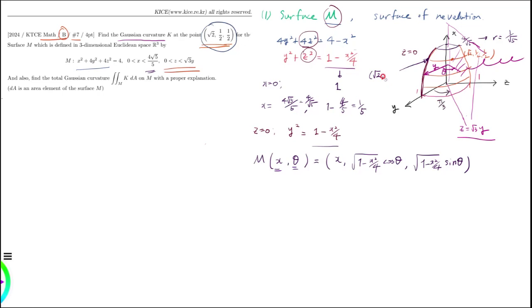When x is square root of 2, the y coordinate will be 1 over square root of 2, and 0. Okay, so let me say this point is p prime.